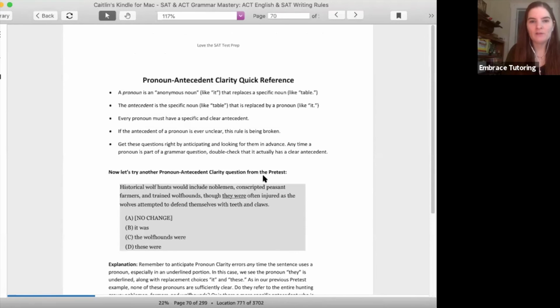So that's one. Basically, just a quick reference here for antecedent clarity with pronouns. A pronoun is basically what they're calling an anonymous noun, but I think a better description is that it's a word that can take the place of a noun in a sentence. It's not a noun, it's a pronoun.